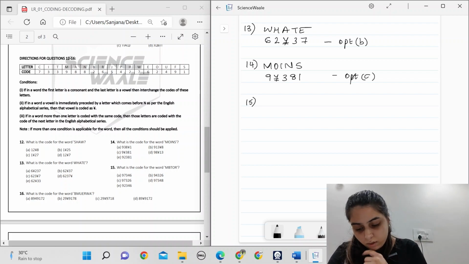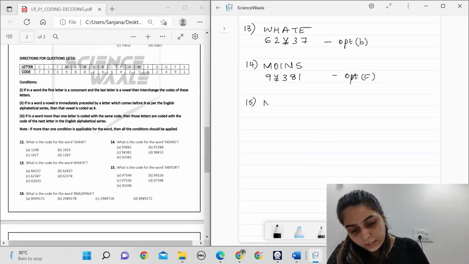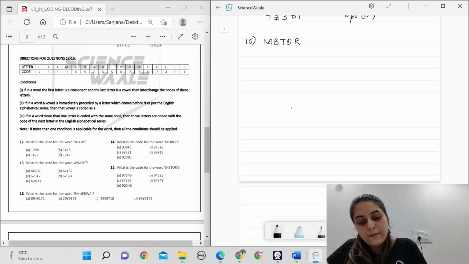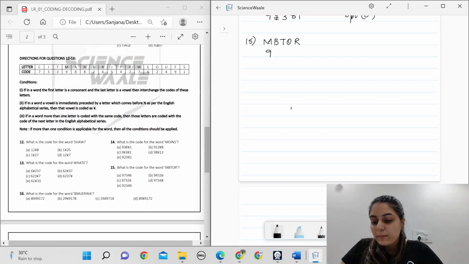15th question, what is the code for MBTOR? The second condition cannot be followed here because the preceding letter to the vowel is T, which occurs after N, so it cannot be coded as E. The second condition is not satisfied. So M will be coded as 9. B has 2, but since 2 is coded to many letters, we'll go to the third condition.